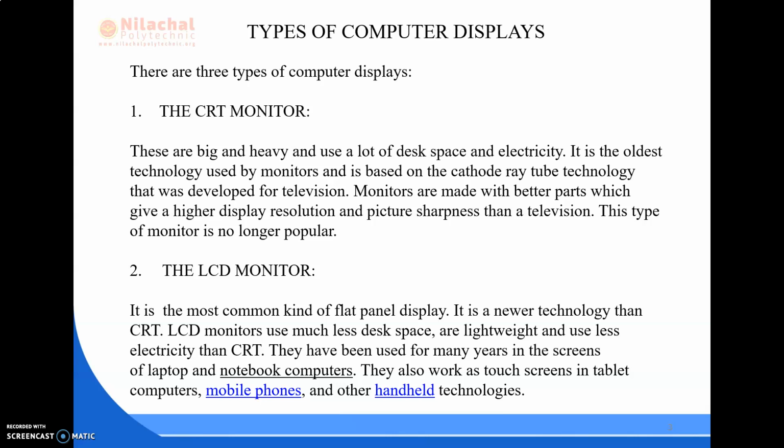They have been used for many years in the screens of laptops and notebook computers. They also work as touch screens in tablets, mobile phones, and other handheld devices.